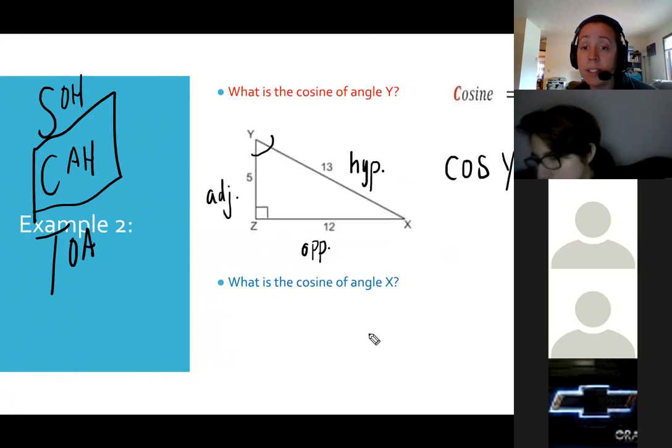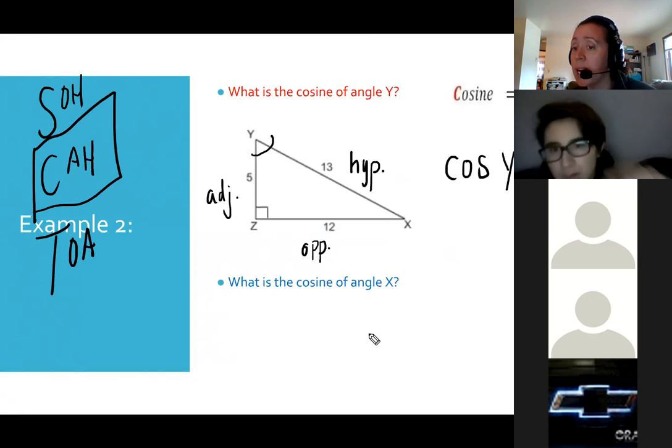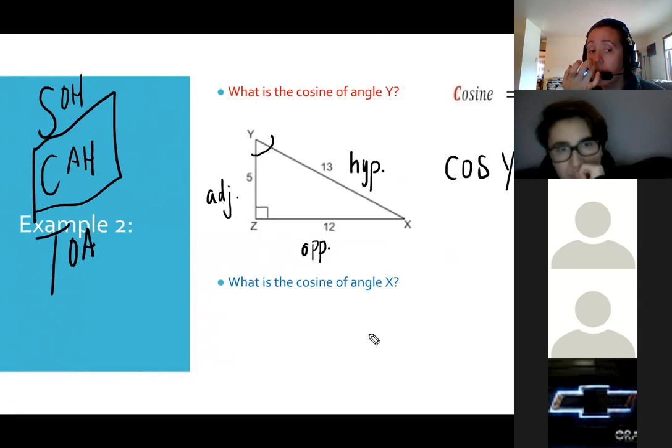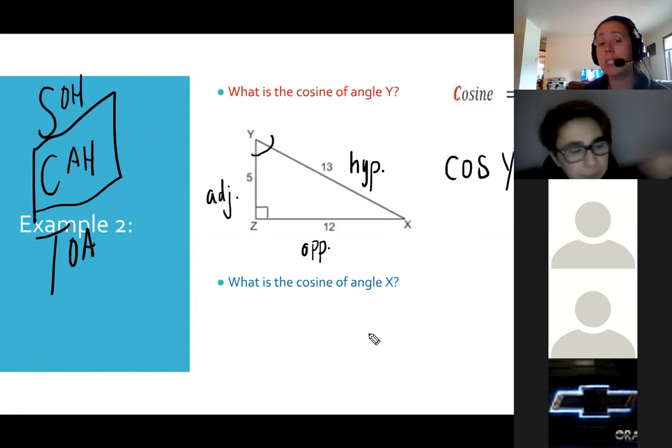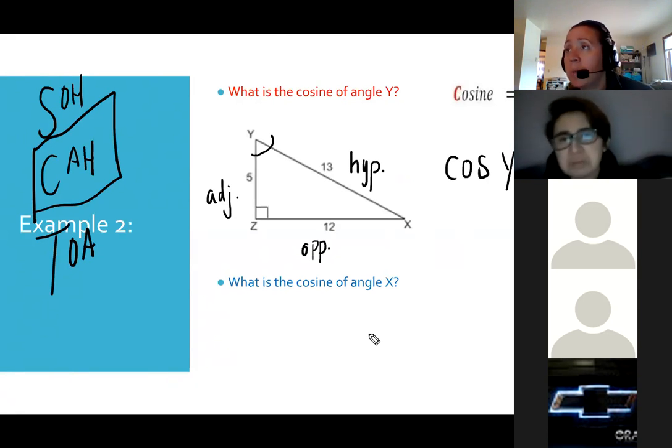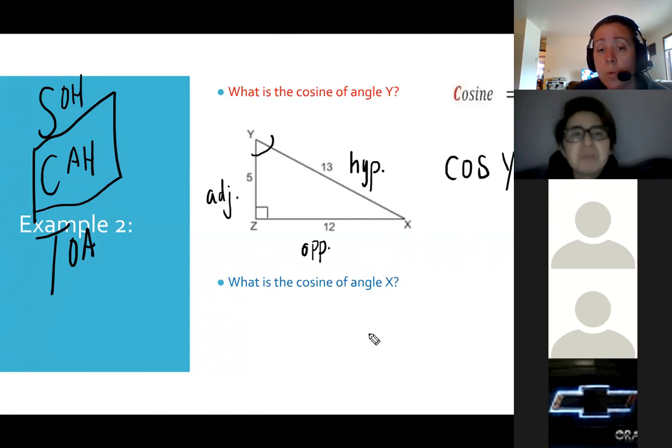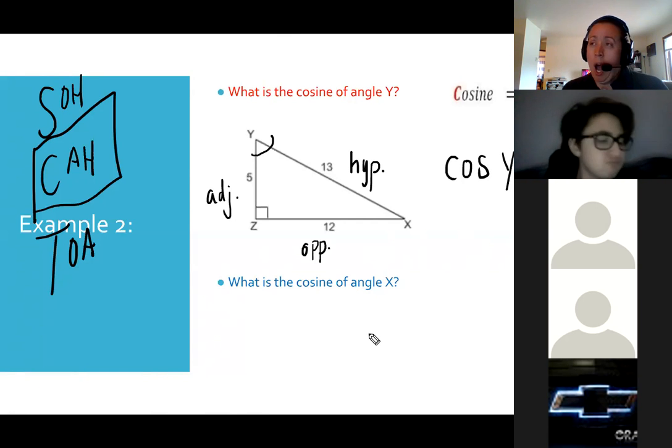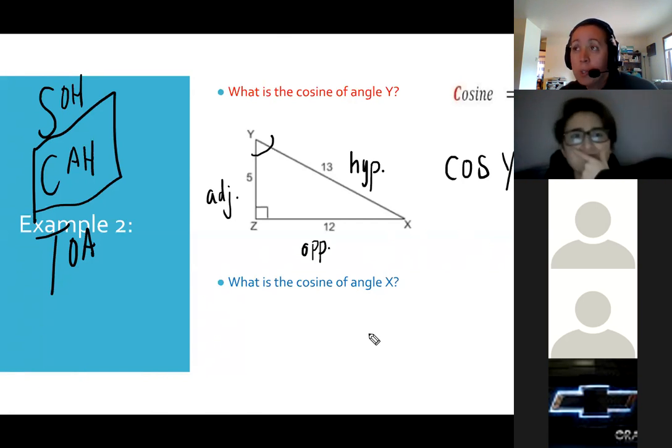Guys, go ahead and raise your hand. I know, Liana, you've had yours up. And give everybody else a chance. What do you guys think the ratio would be here for my cosine of y? It's got to be the adjacent side over the hypotenuse. Casey, what do you think?